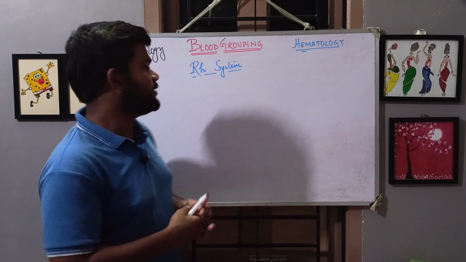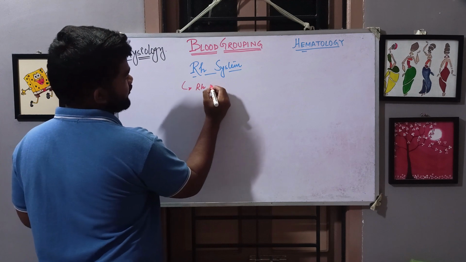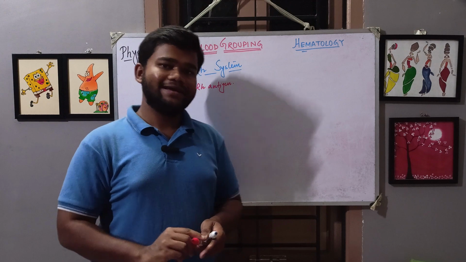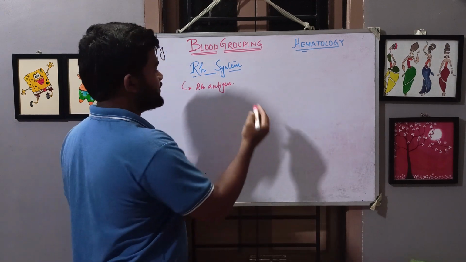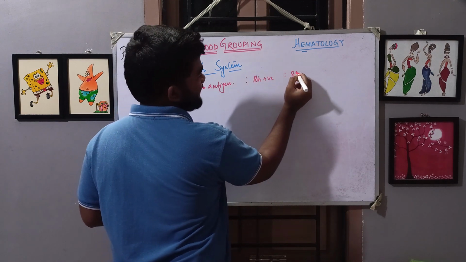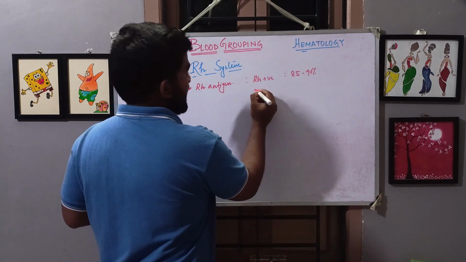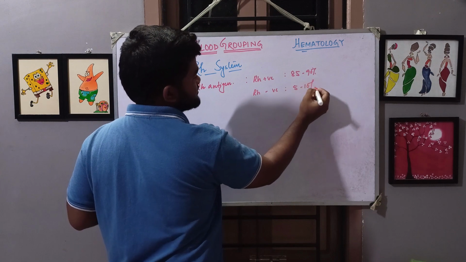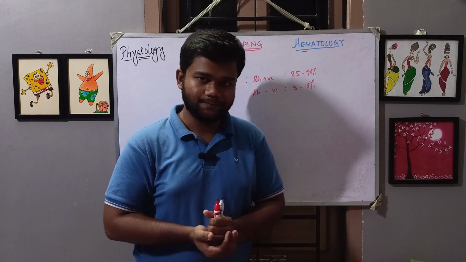The Rh system of blood grouping is basically based on the presence or absence of the Rh antigen. The Rh antigen is present in most of the cases and most of the individuals. So we will find most of the individuals being Rh positive. About 85 to 90% of the population have got this antigen. But Rh negative is present in around 5 to 10% of the population who do not have the Rh antigen.